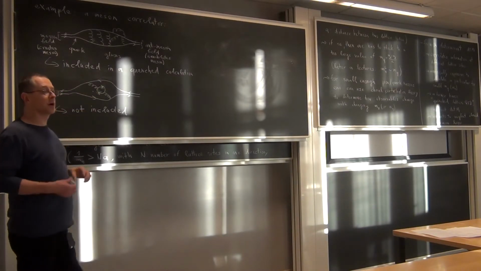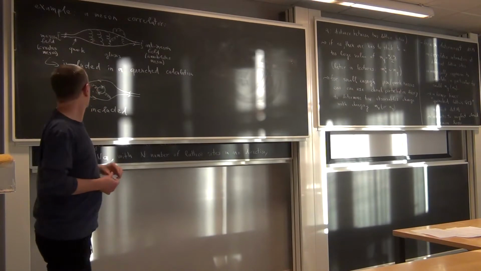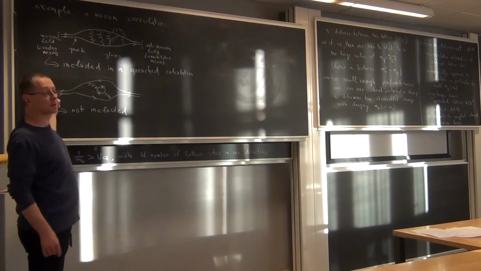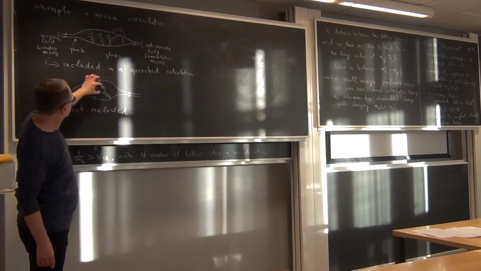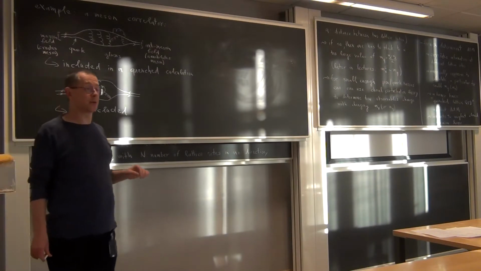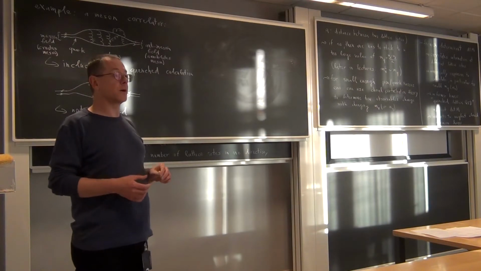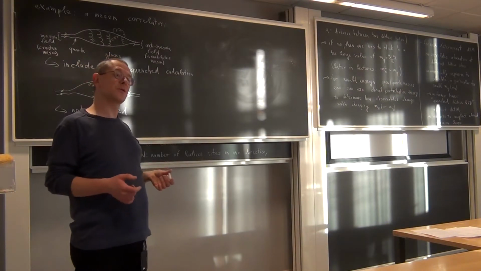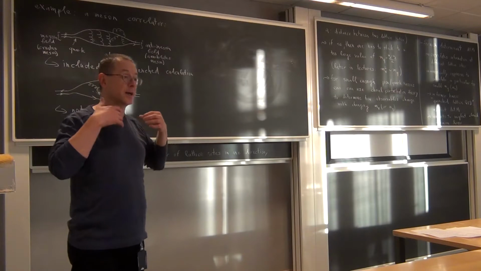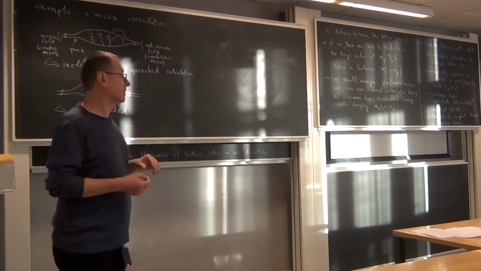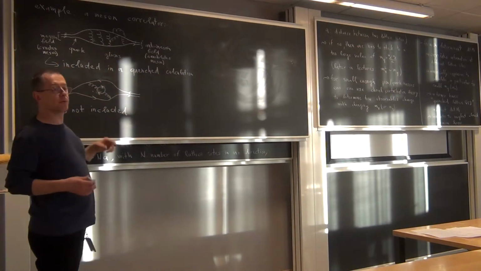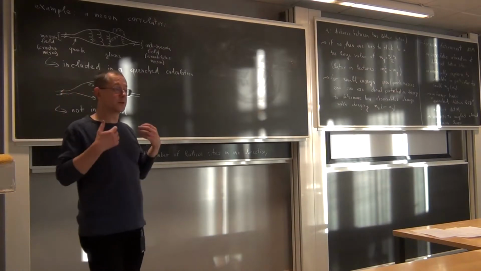So actually this here has a contribution where one started with a meson, but intermediately one has a two-meson state. If mesons are unstable, and most of the mesons we know of are unstable, they decay into other states, then such a diagram would contribute to this decay.